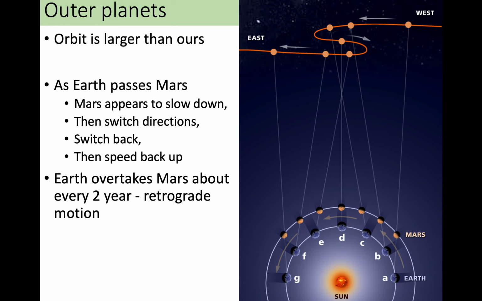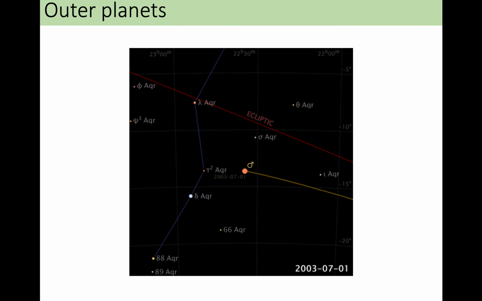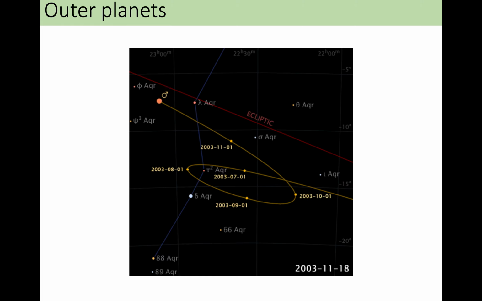However, Mars is only in retrograde about once every 2 years. So here is another map of that retrograde loop that is formed. These are images and star maps from 2003, but they show a nice retrograde loop there.